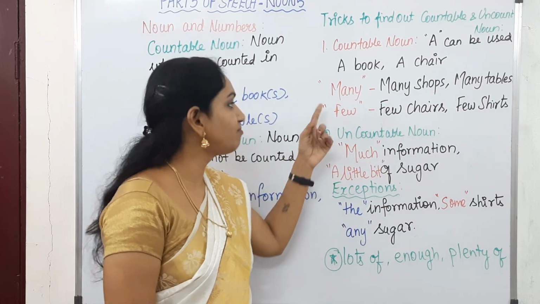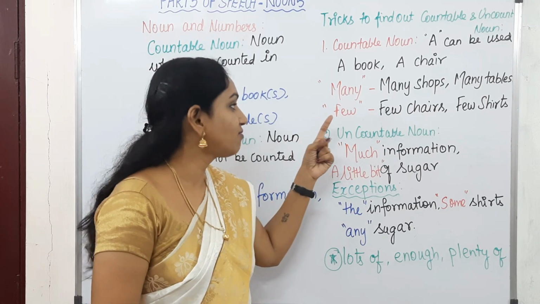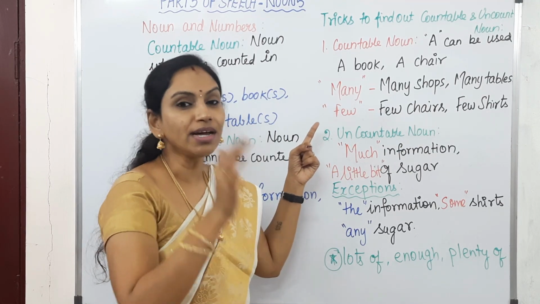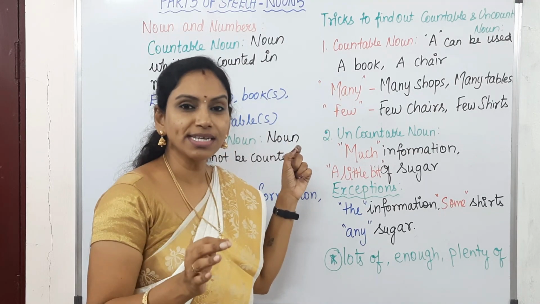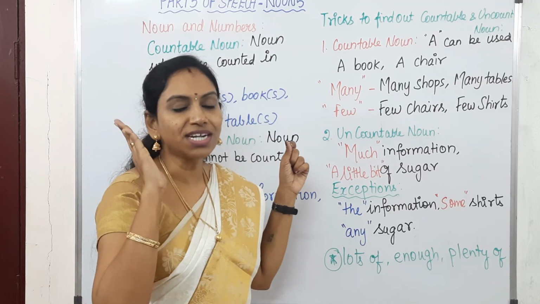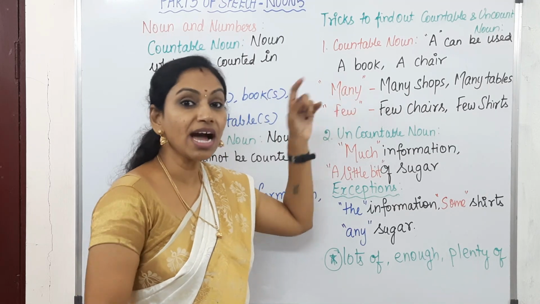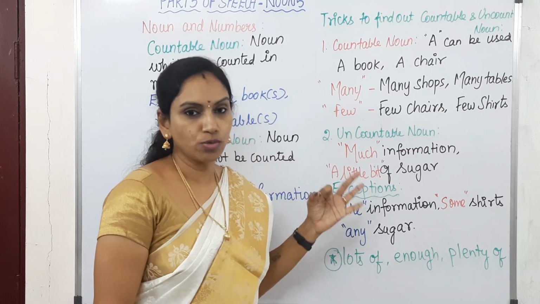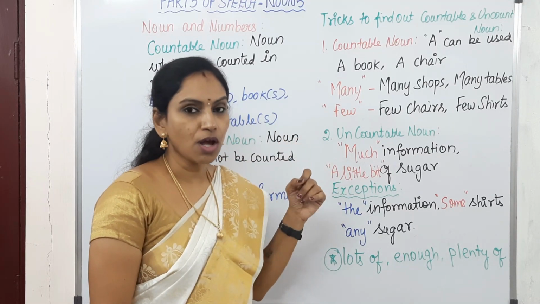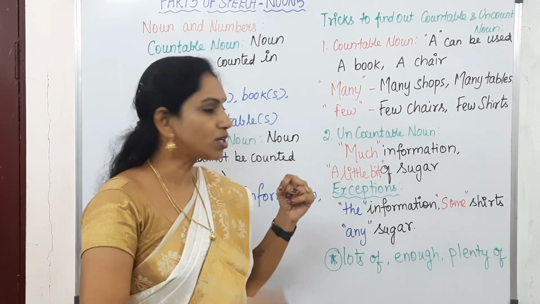If you have many or few before the noun, you will call it a countable noun. If it is singular, you will write a, and if it is plural, you will write many or few for countable noun. So what in case of uncountable noun?